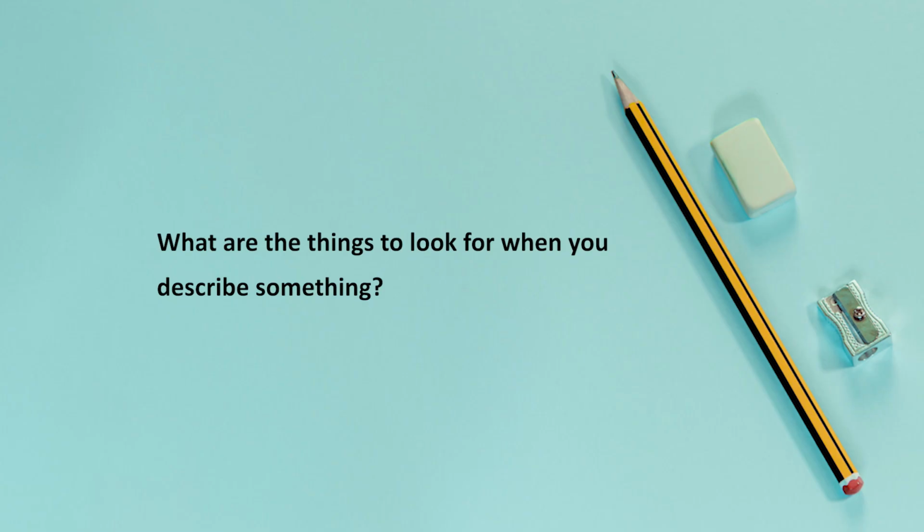The idea is, what are the things to look for when you describe something? This is description of a place. We will come to persons and actions later. Here also she has captured what people do and their behaviors.